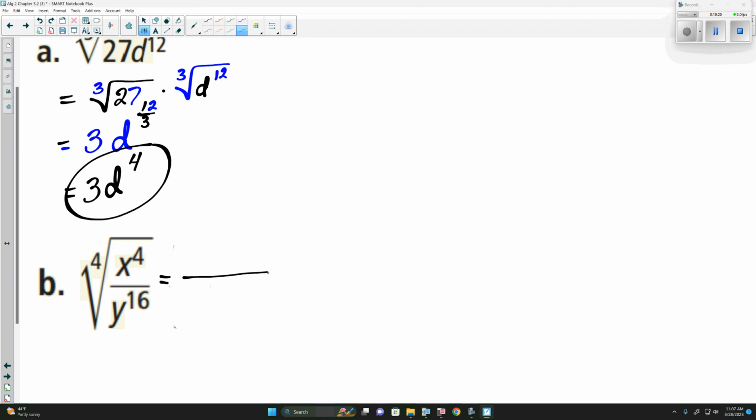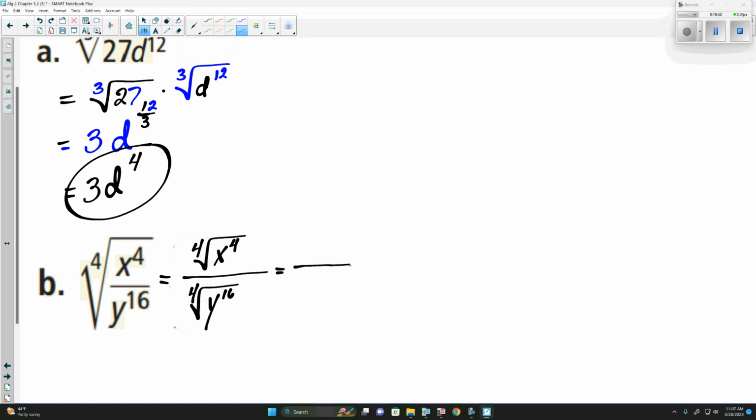Since we have a quotient, the first thing that we can do is split it up into the two parts. So we can split it up into the fourth root of x to the 4th over the fourth root of y to the 16th. Now between these two, the numerator, we can see that we can actually take the fourth root of it.